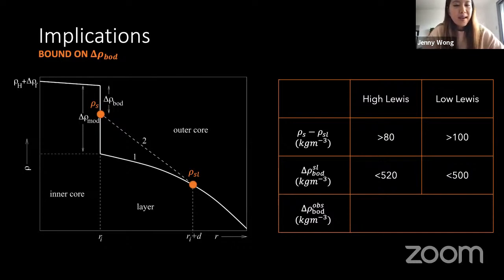Compare this with what we know from the observations. I mentioned earlier, this ranges quite largely between 280 and 1,100. So what my model is saying is that, if we assume the layer is composed of a slurry, we might expect body wave density jumps on the lower end of this range rather than the higher end.